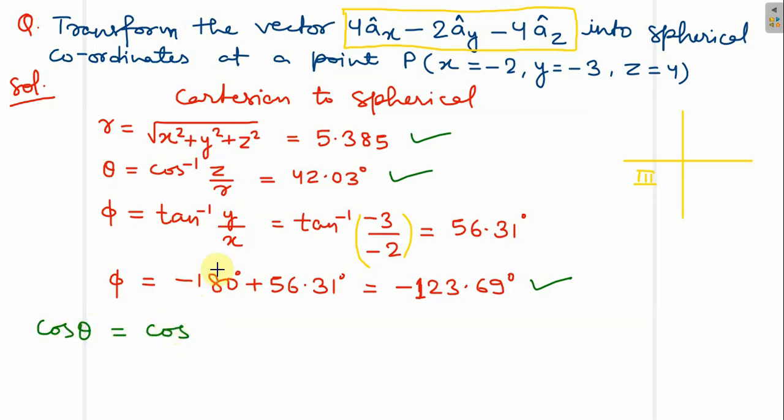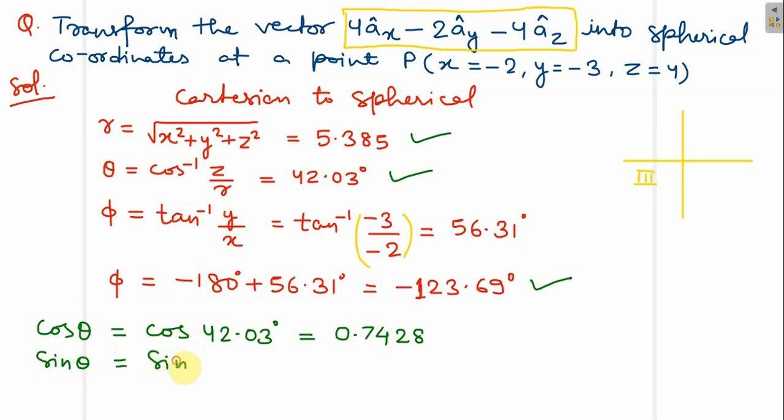Cos of this theta, 42.03. Cos of 42.03 will be 0.7428.